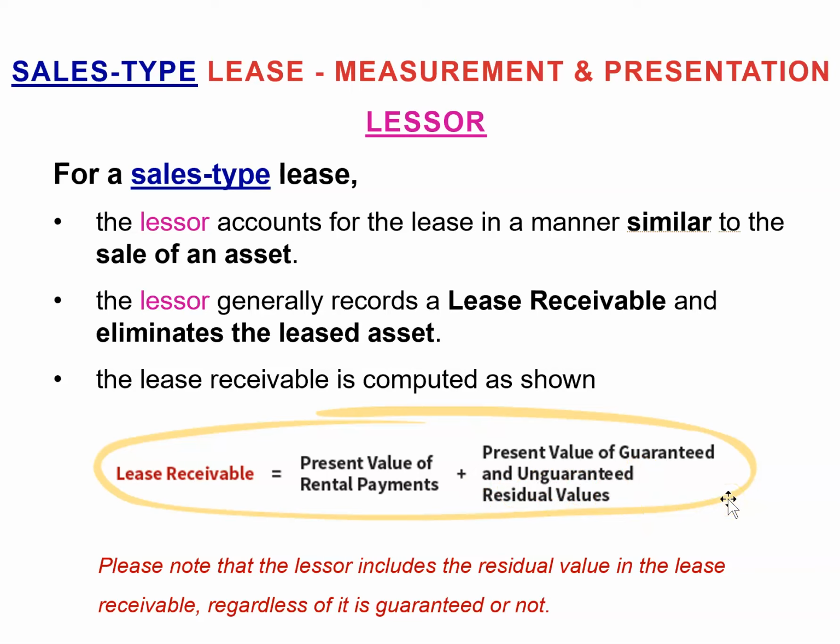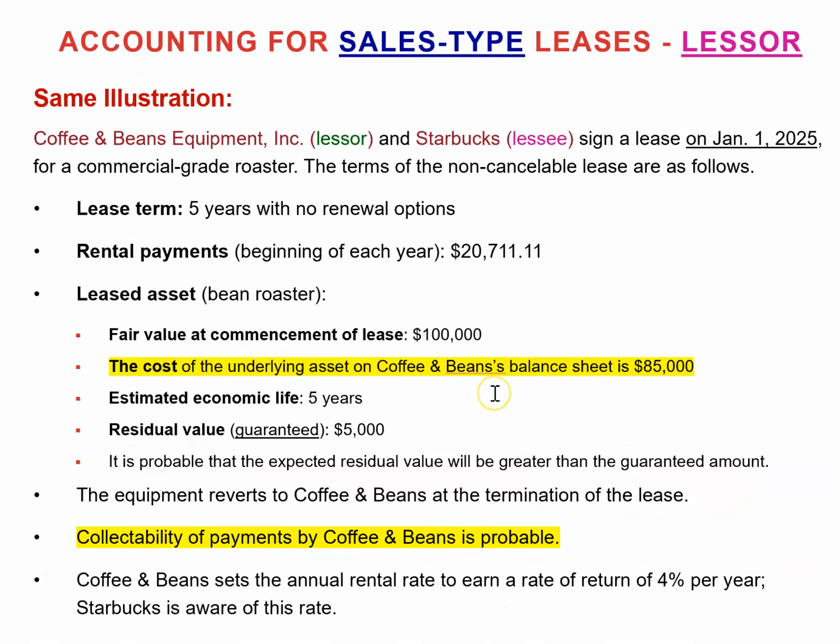That means whatever they will get at the end of the lease term, and they will include both guaranteed and unguaranteed residual value.